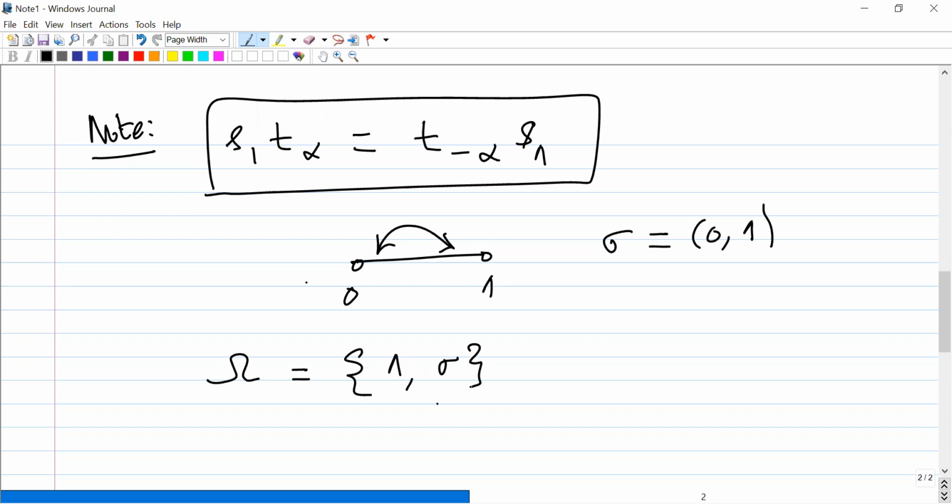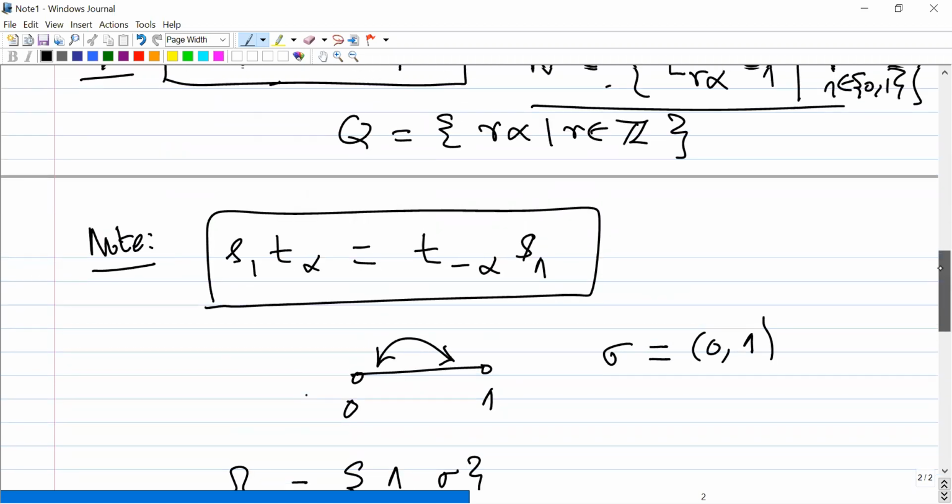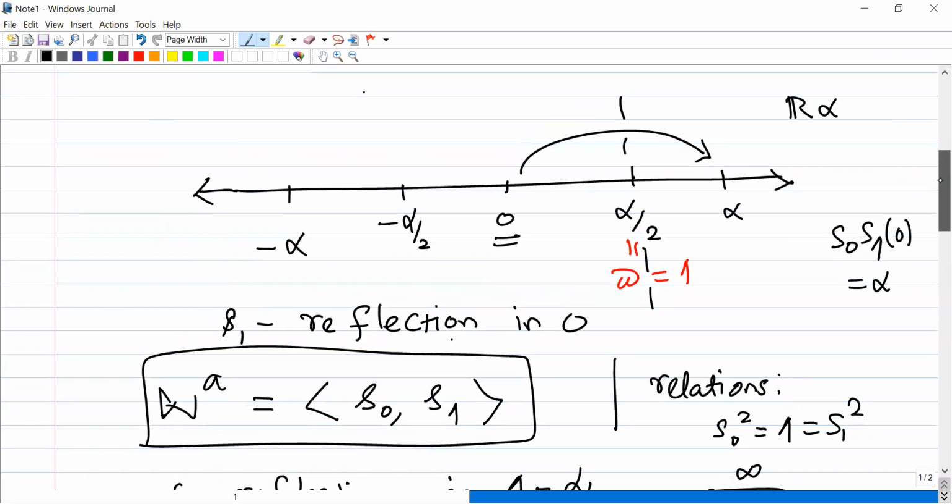Sigma can again be identified, as it acts on this real line. In particular, it is acting on the alcove. If I take the open interval 0 comma 1, that will be the fundamental alcove, and the closed interval 0 comma 1 will be the closure of the fundamental alcove.